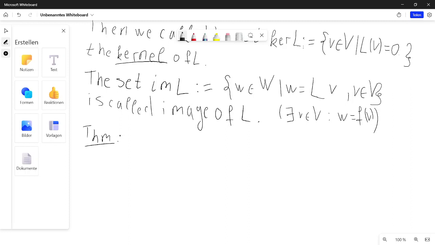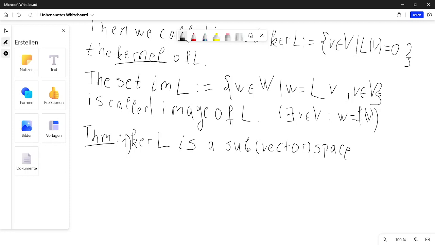Well, what are the basics? The kernel of L is a sub-vector space, and I'll explain in a minute what that is. For short we call such structures subspaces.